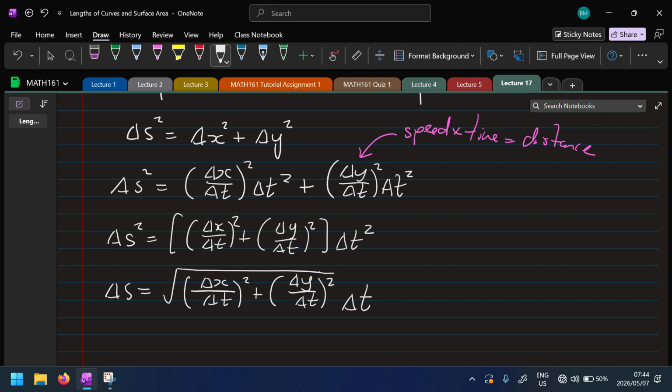So this gives us the length of that little line segment at some time. We multiply it by the little change in time across that length segment, and that gives us the length.